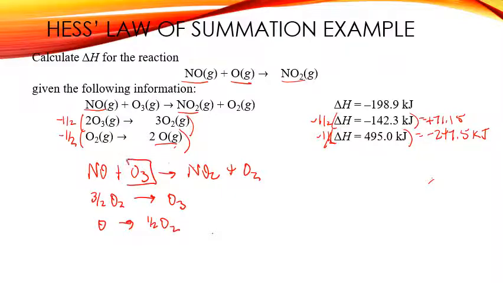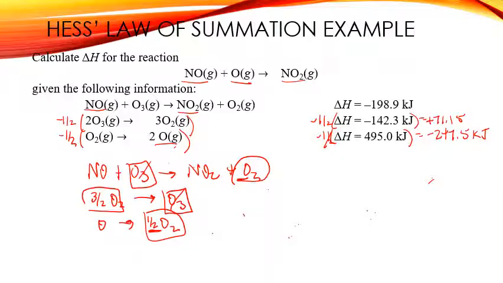I have an O3 as a reactant and O3 as a product, so each of those would cancel. I have a total of 1/2 O2 plus 1 O2, so there's 3/2 O2 as products, and 3/2 O2 as a reactant, so the sum will add up and cancel off. And if you notice, all I'm left with is 1 NO, 1 O, and 1 NO2. So we've done all of our rearrangements correctly.